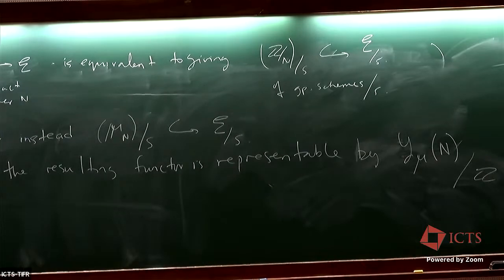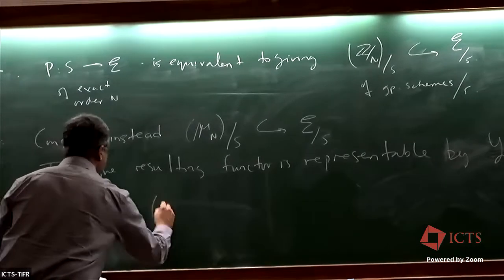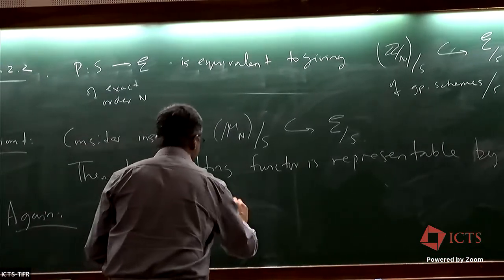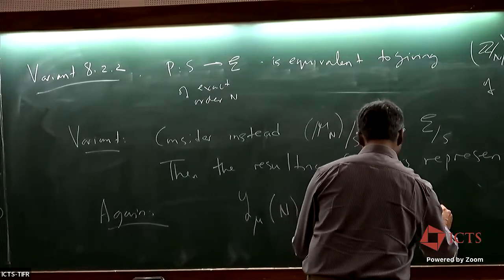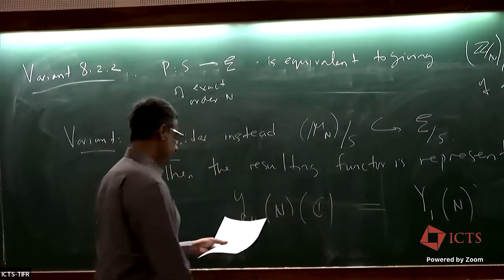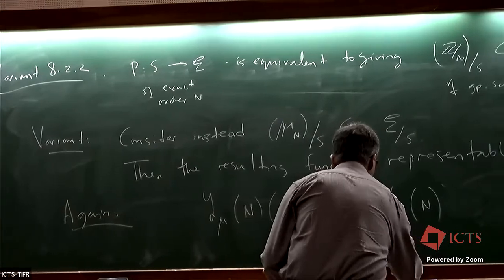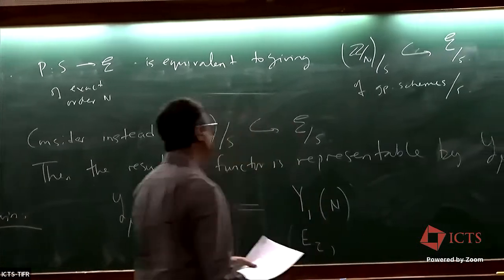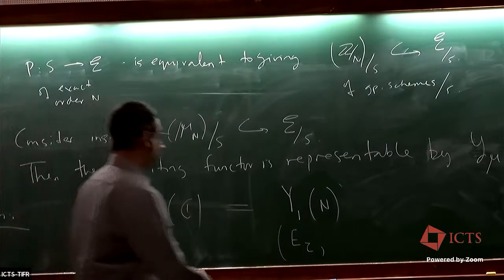Okay, so again, if you look at the C points, it turns out to be in bijection with Y1n. This time, we should say a little bit about what this bijection does. Remember, we had these isomorphism classes of E tau, C modulo the lattice spanned by 1 and tau, and we had this point of order n.